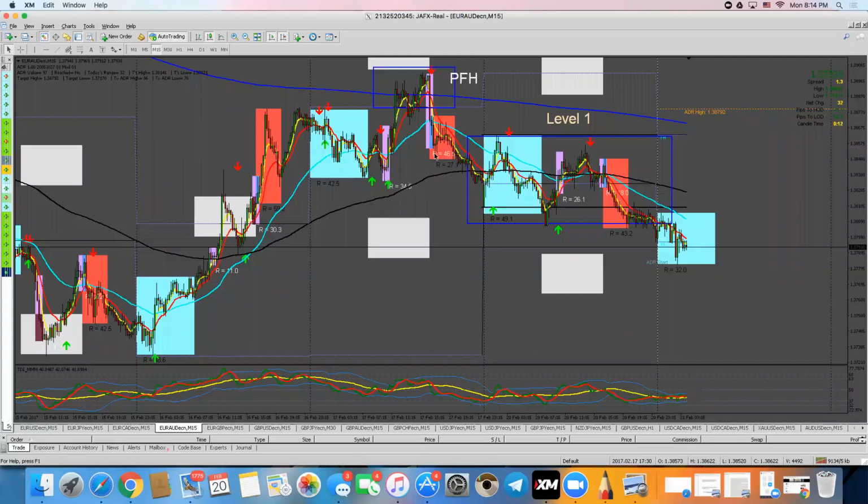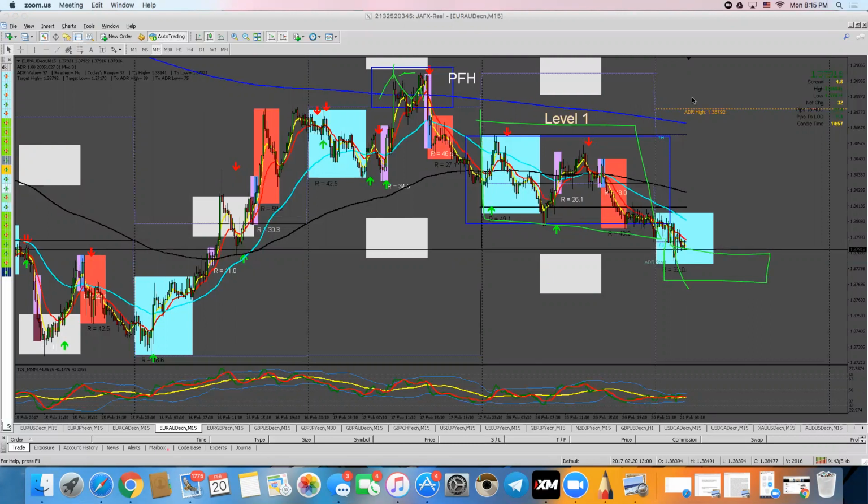Okay, peak formation high, beautiful M, level 1. This is already going to level 2. So see how this is all kind of following the fractional disparity, the disparity in the pairs.